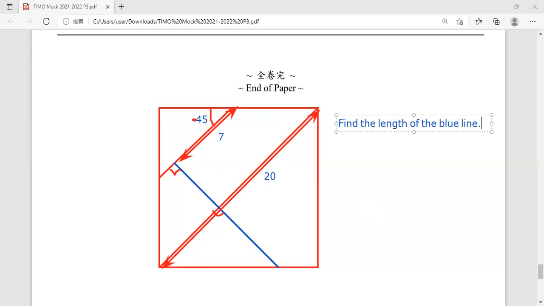Okay. Now we start this one. Actually, it's very simple, but if you're not careful enough, you can't find it.